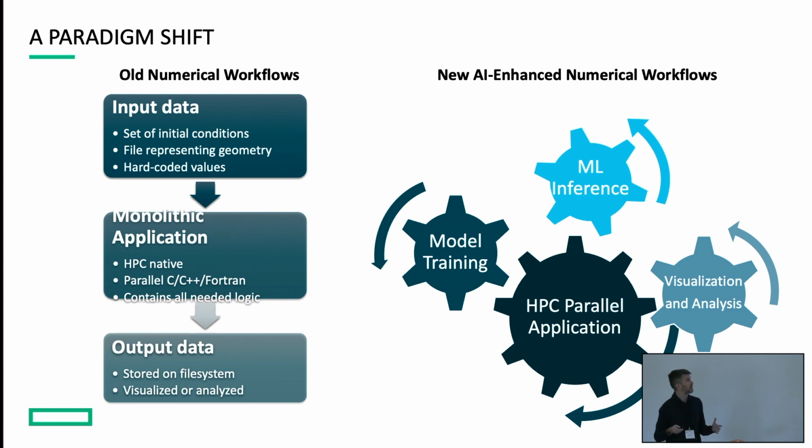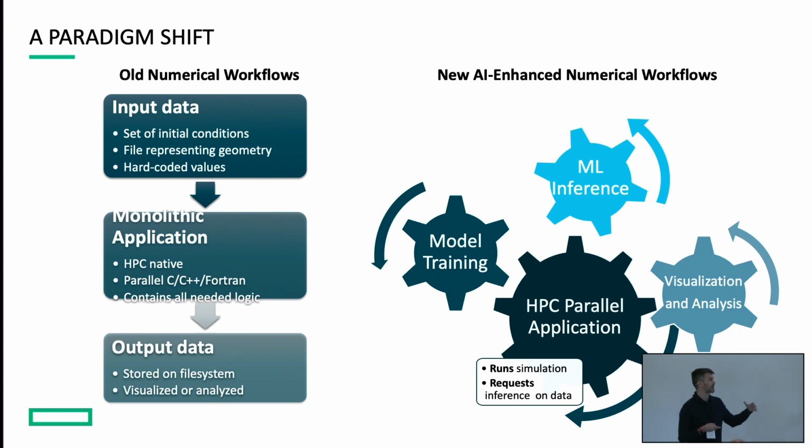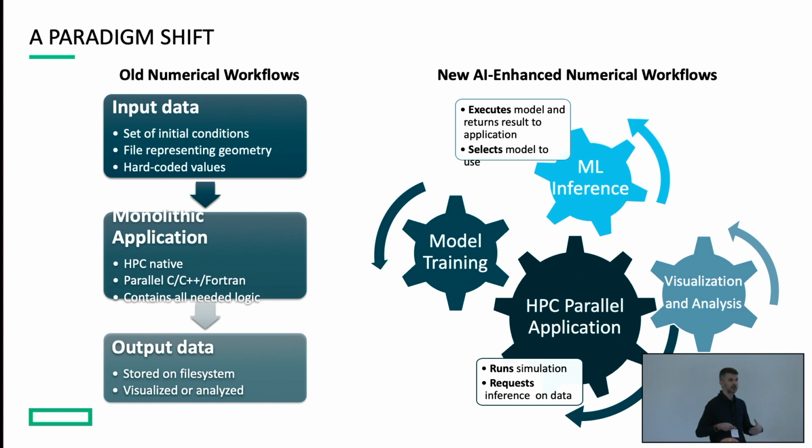Workflows are like this, and every piece of the workflow, every gear in this drawing, has a clear set of responsibilities which are different from the other portions of your workflow. You have the HPC parallel application, which just runs the simulation and maybe requests inference from the ML inference part. The ML inference part just has a model, executes the model on the data, and gives a result back.